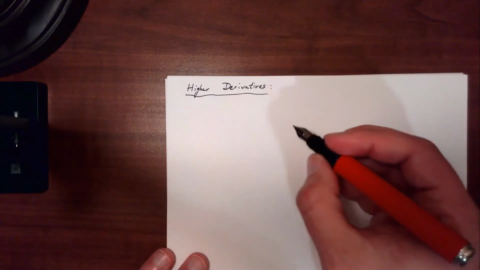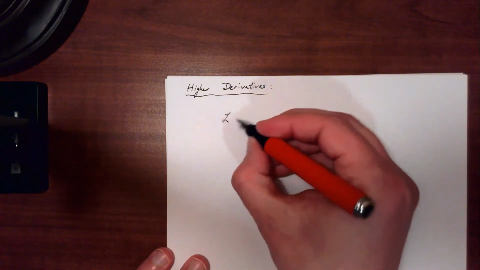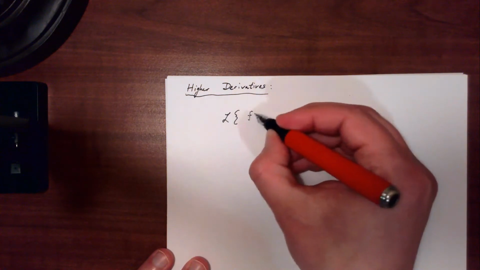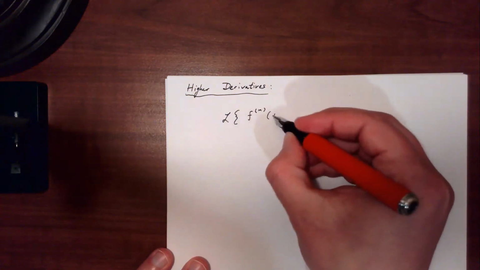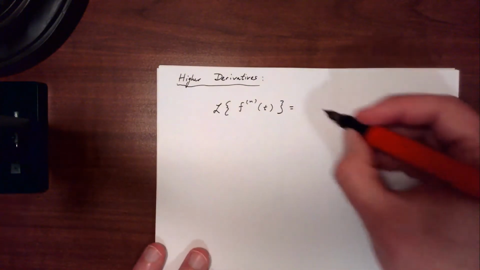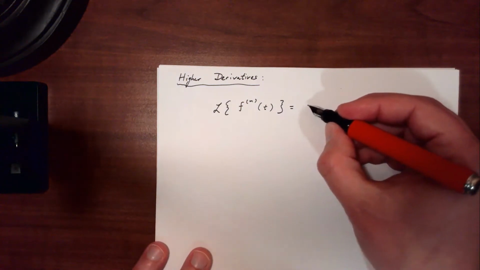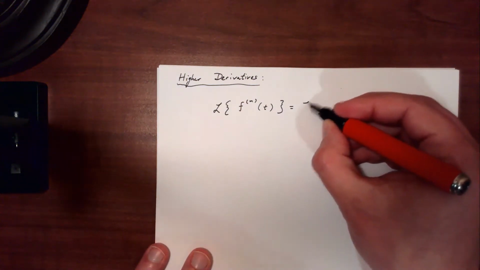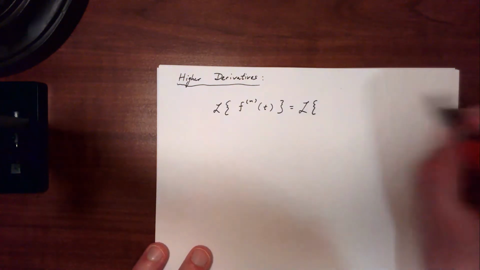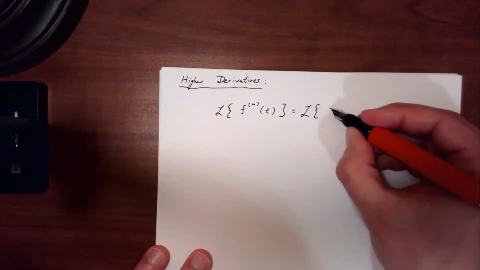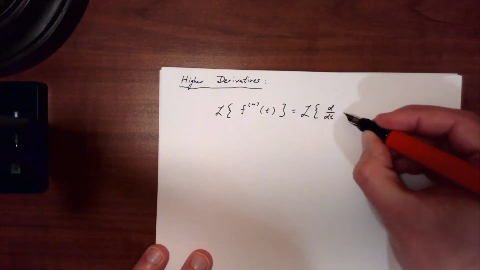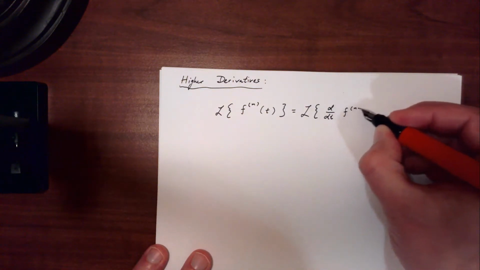If we think about just the order n derivative, f^(n) of t, then what we've really got here is basically an iterated process where we stick that formula into that formula into that formula until we recursively reach the end of our stack. So this is the same thing as the Laplace transform of the derivative of the n minus first derivative.